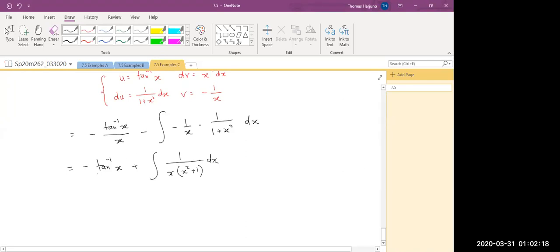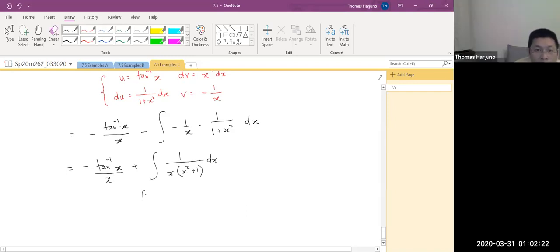What about partial fraction decomposition? No, actually, no other way, right? If you think about it, 1 over x times x squared plus 1 equals a over x plus something over x squared plus 1. So this has to be bx plus c.